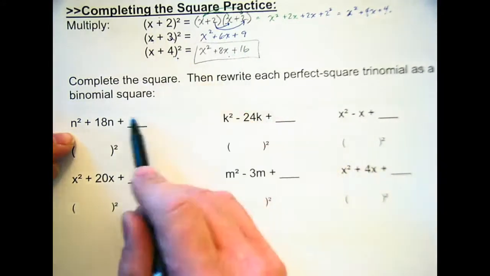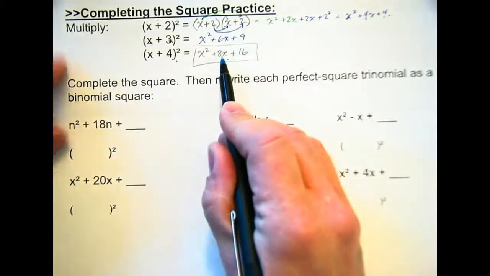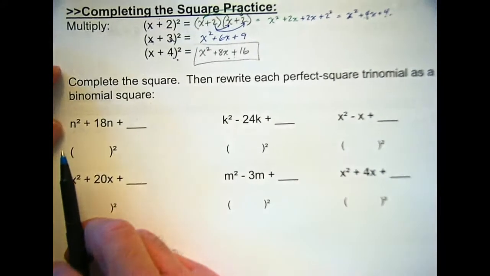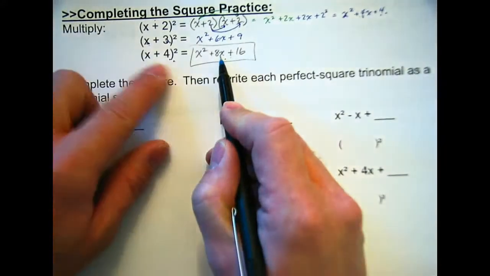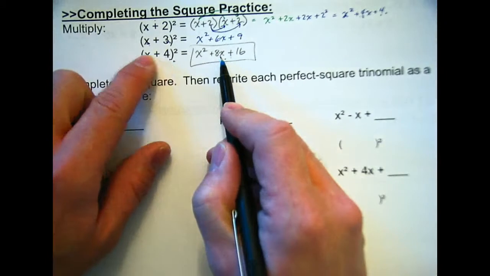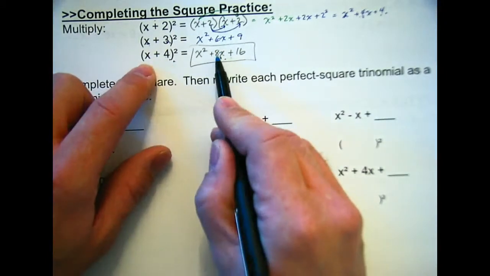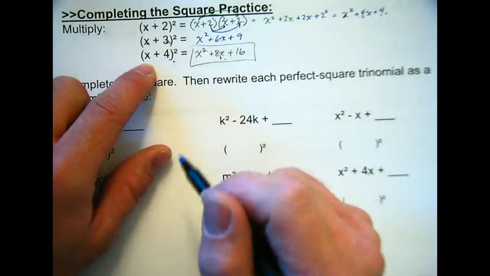Okay, well, my back term is always what part of my middle term? That's kind of what I'm looking for. So how did I get my middle term again? From this? Multiplied by 2 basically. Tell your neighbor how you got from here to here.